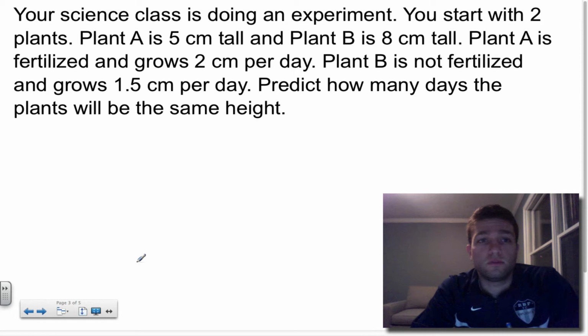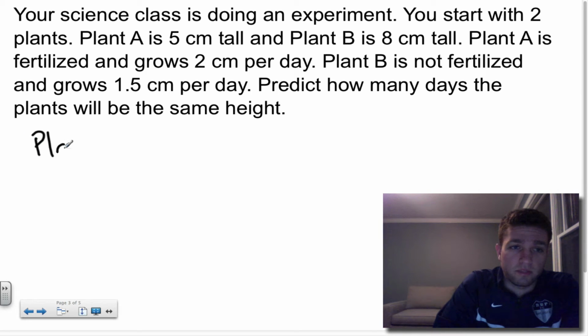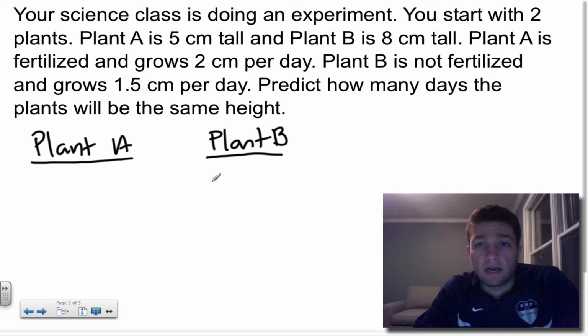You start with 2 plants. Now, I've got 2 different plants, so I'm going to organize this information. I've got plant A, and I've got plant B. Now, I'm jumping down to the question just to highlight something for you.